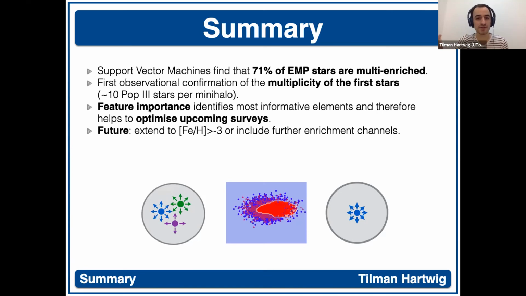Then I showed that this feature importance can be used to understand what elements are important and what elements will be important for future surveys. We can extend this to higher metallicities, but also to other chemical enrichment channels, which also means if you are interested in discriminating different subspaces of your chemical space, then please get in touch with me. Thank you very much.